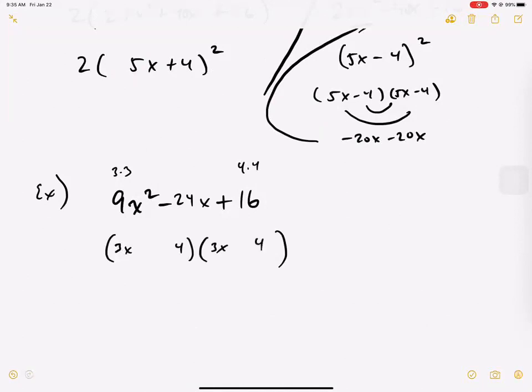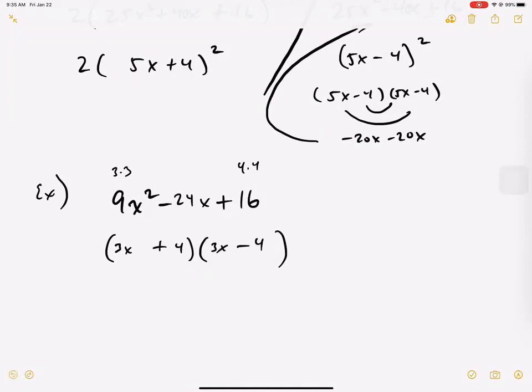And since it's a minus, they both have to be negative. Now, why couldn't they be positive? If I said plus and plus, this would have been plus 12 and plus 12, which would have given us positive 24. So they're not positive.